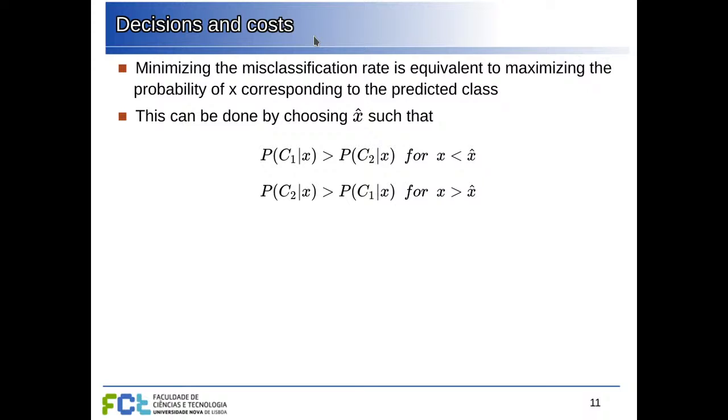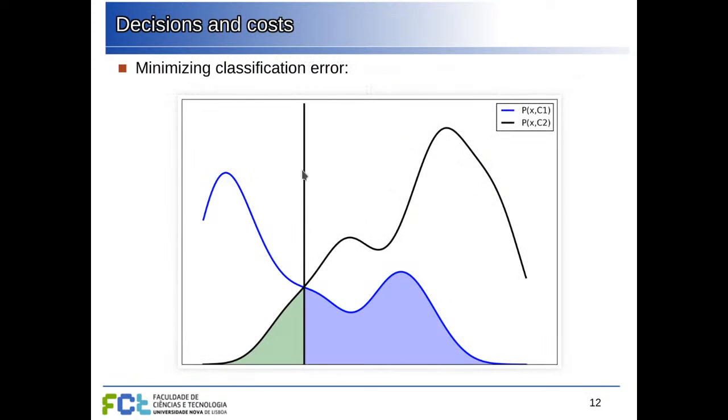So in this case, we can do this if we choose the threshold in a way that we assign to class 1 all examples that have a larger probability of being in class 1 than of being in class 2, and we assign to class 2 all examples that have a larger probability of being in class 2 than being in class 1. So basically, if we draw the line here, we minimize the errors, because in the region where it's larger for class 2, we assign to class 2, and in the region where it's larger for class 1, we assign to class 1.